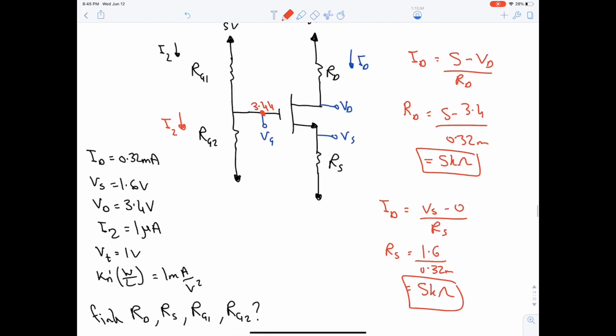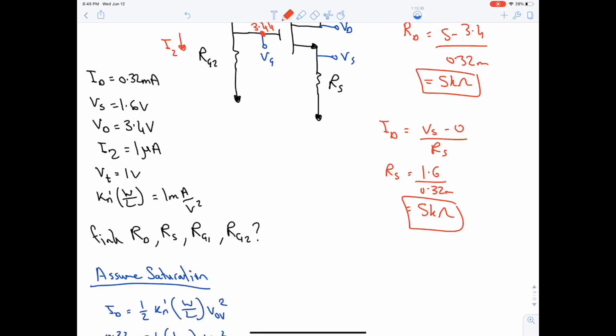So RG2, let's do Ohm's law. It's 3.44 minus 0 over RG2. This is 1 micro. So RG2 is 3.4 mega. Sorry, it's 3.4.